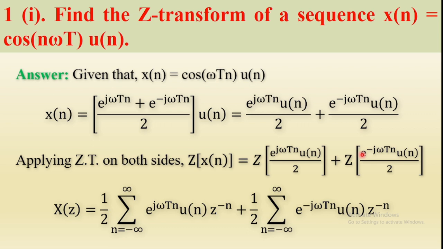Now here, in place of x of n we have e power j omega Tn u of n, and in the second term e power minus j omega Tn u of n.